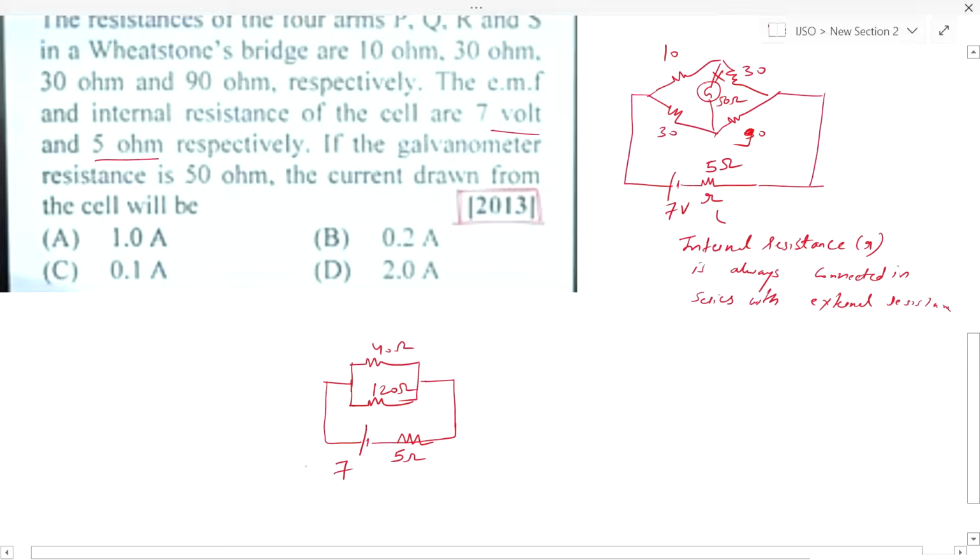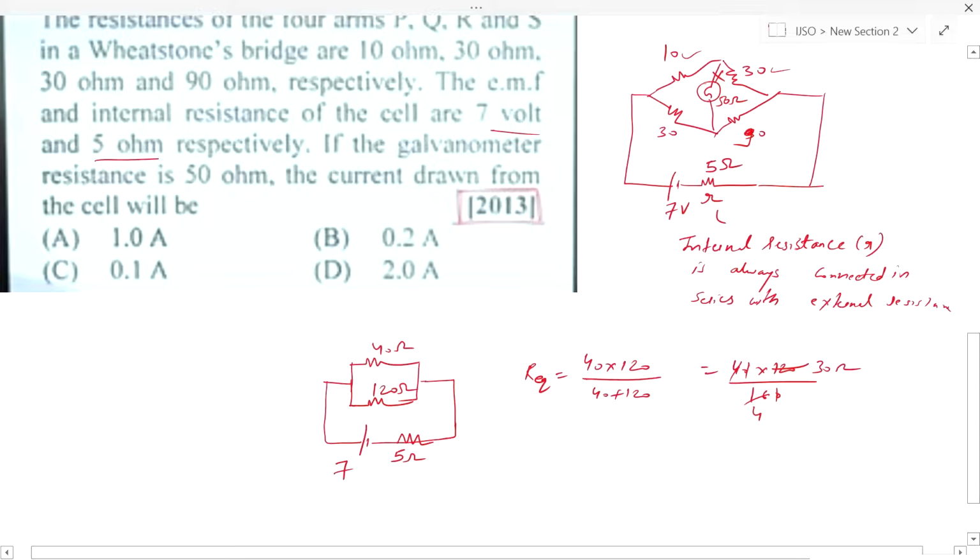How is that 40 ohms? 10 plus 30, no? Okay, yes. So 40 into 120 upon 40 plus 120, which is 30.